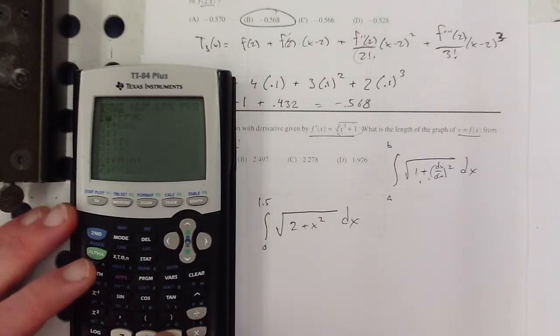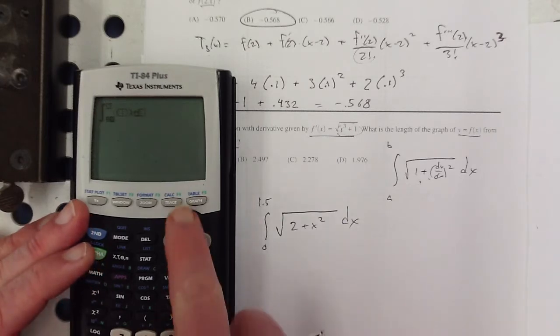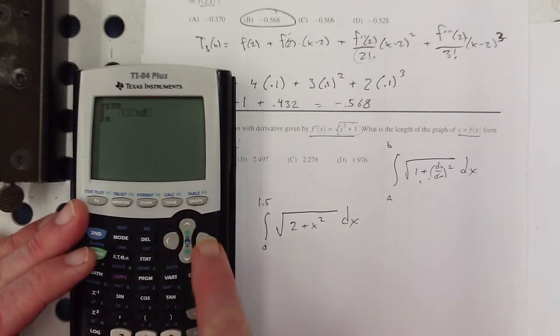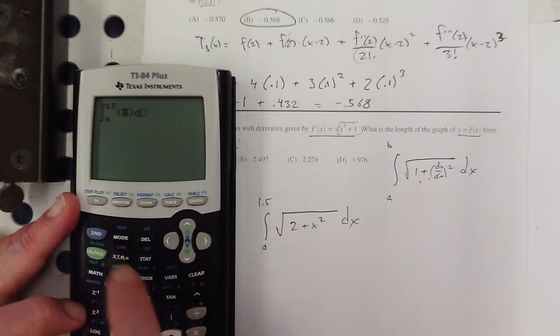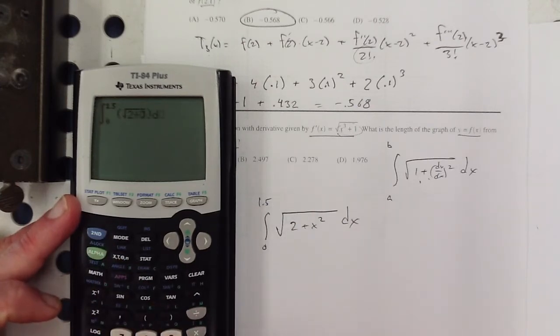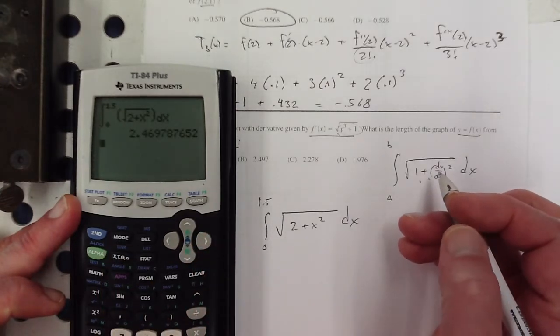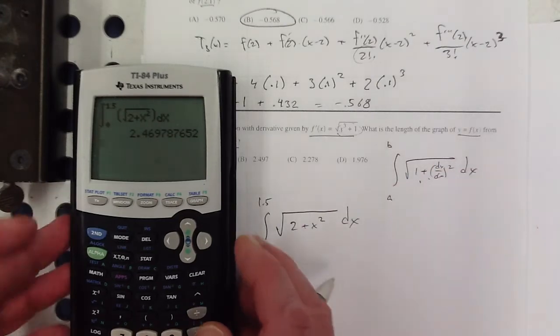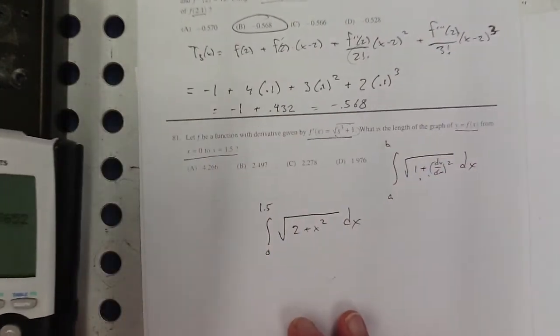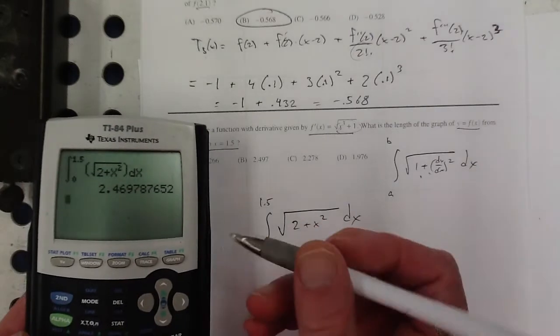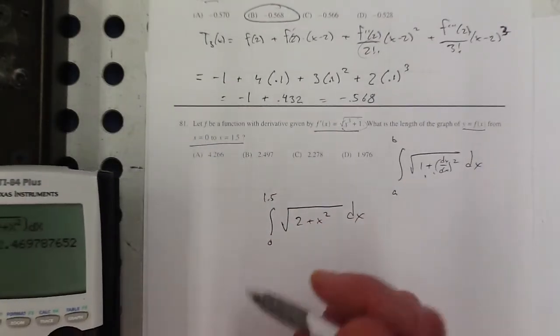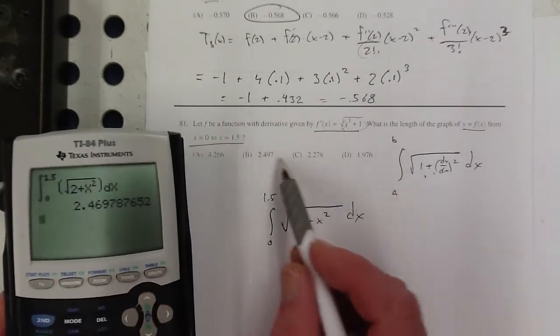So math 9, going from 0 to 1.5, the square root of 2 plus x squared dx. And that looks like 2.470. Uh-oh. Trouble. That is not any of the answers.